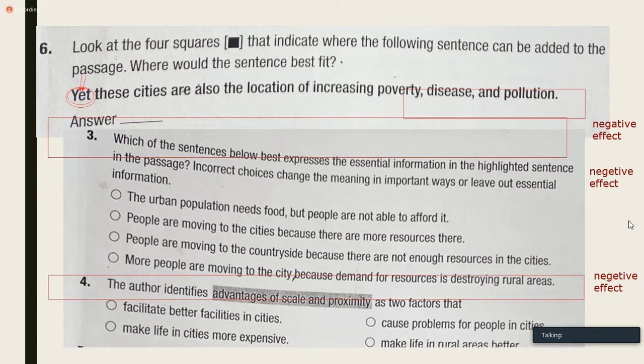What does yet mean? What is the meaning of yet? Yet, these cities are also the location of increasing poverty, disease, and pollution.